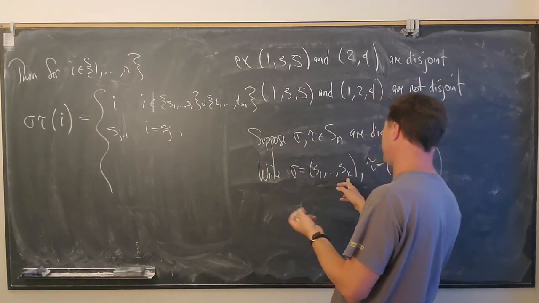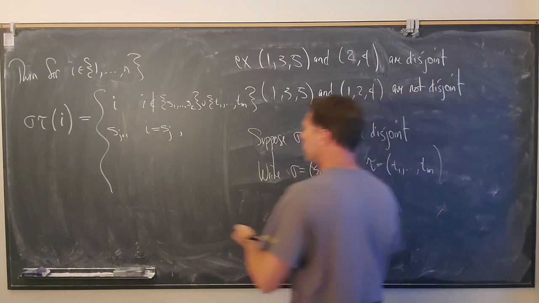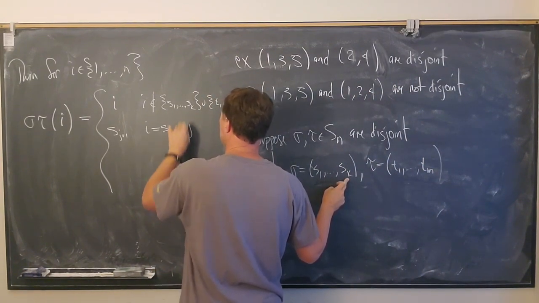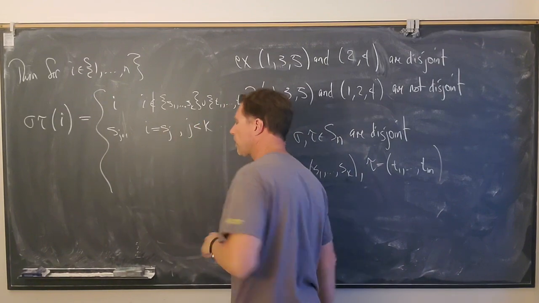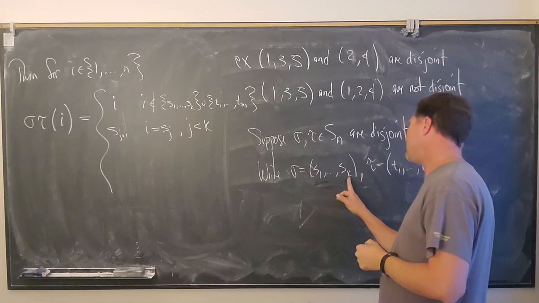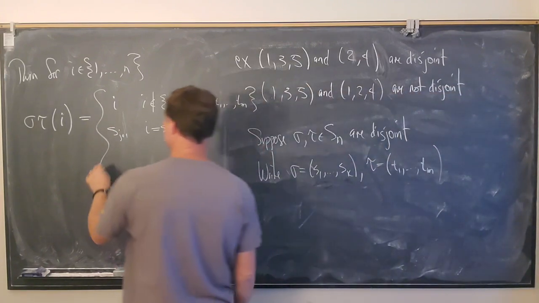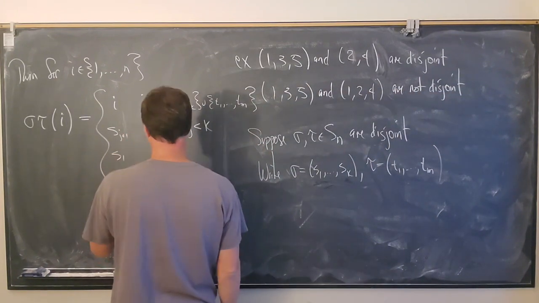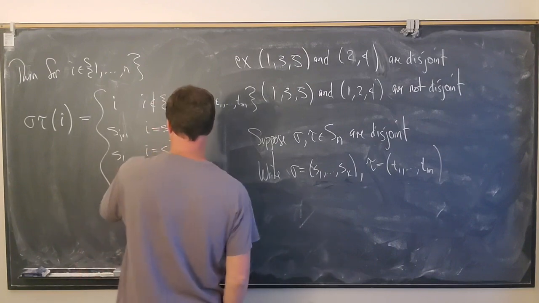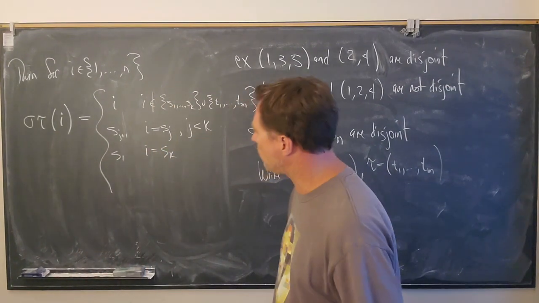The only issue is if J is equal to k. If it happened that I was equal to S sub k, then we would get S sub 1.